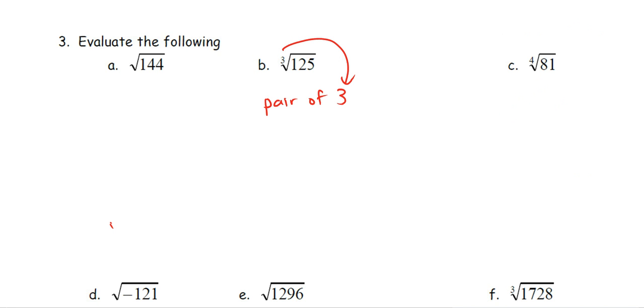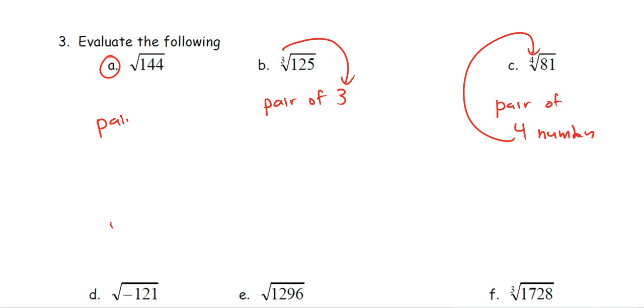For question C, I was looking for a pair of 4 numbers that are the same. And for question number 3A, I'm looking for a pair of 2 numbers that are the same.